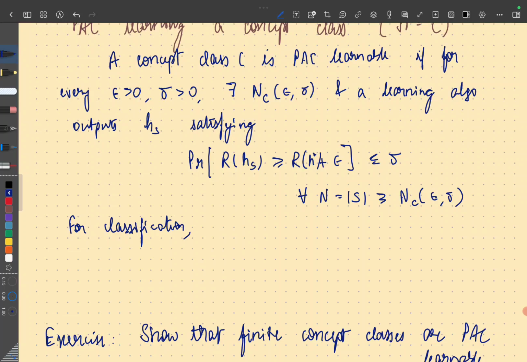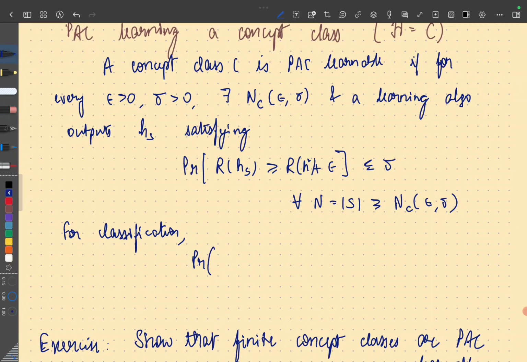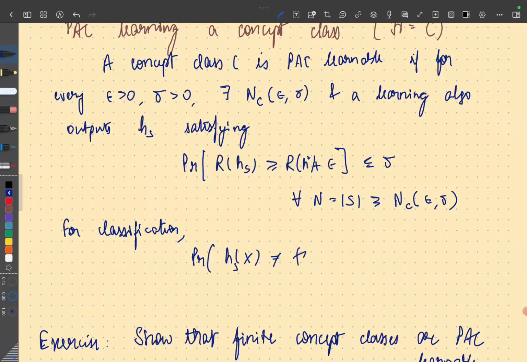We'll simply demand that the probability that h_S of x is not equal to f of x is less than or equal to delta.